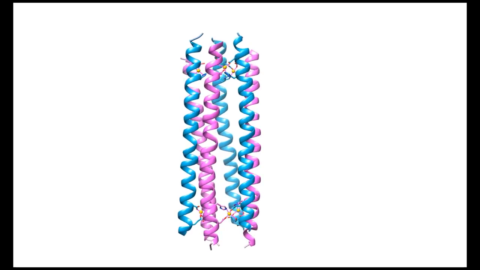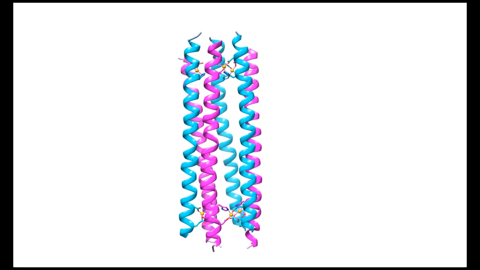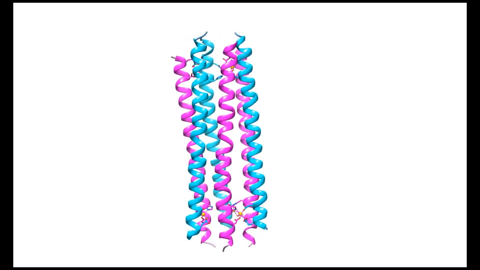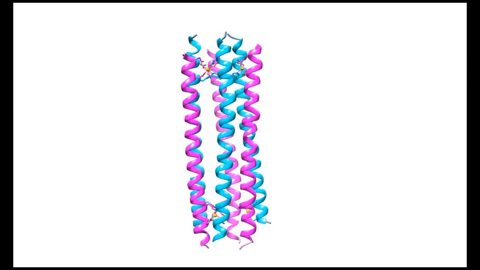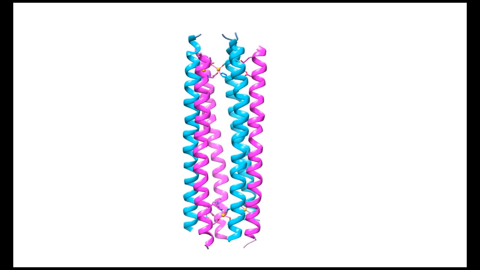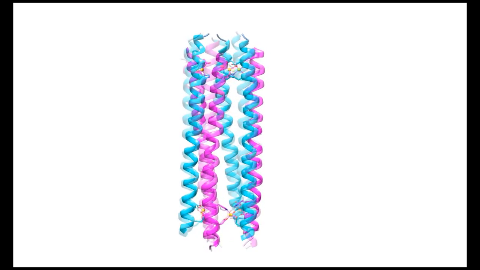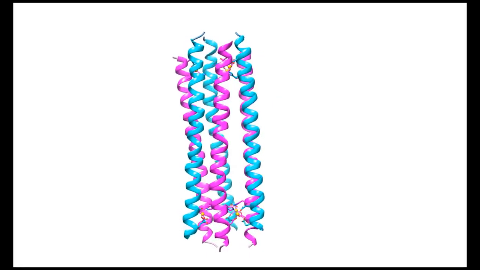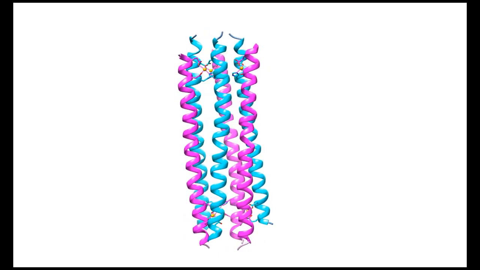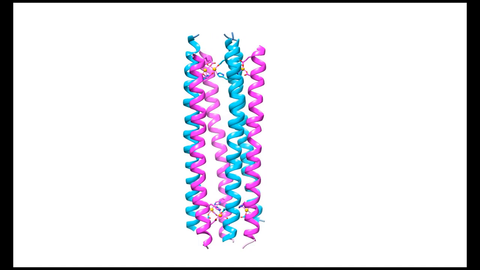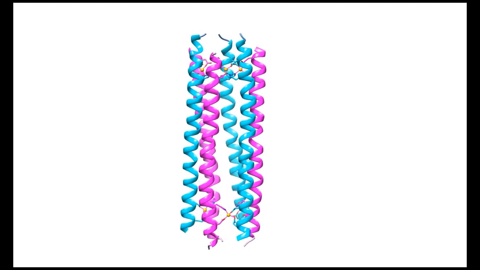Of the 4 donor groups that zinc 2+ is coordinated to, 2 of the donor groups come from one alpha helix, and the other 2 donor groups come from an adjacent antiparallel alpha helix. Each of these helices is acting as a bidentate ligand, possessing 2 donor groups to which the zinc binds.